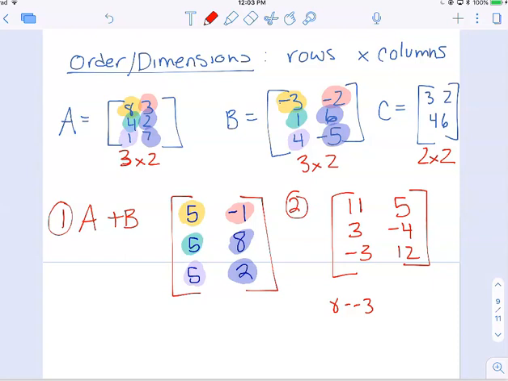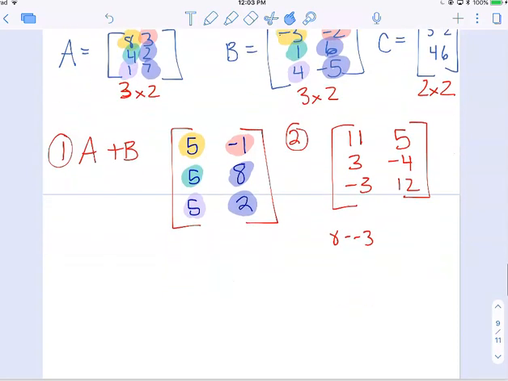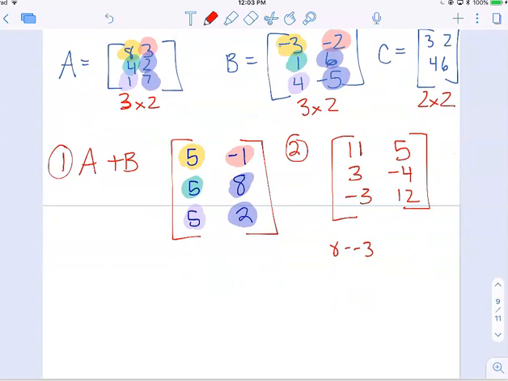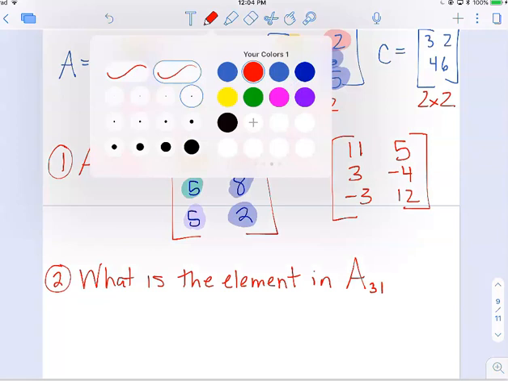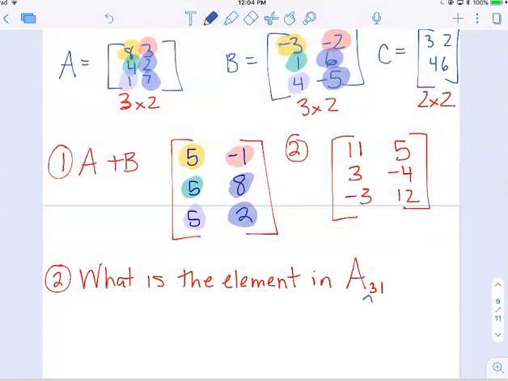Now, there's a couple things that I want you to talk about. If I would have asked, what is the element? And again, these are just vocab words. In matrix A, if I said A3,1, this tells us to refer to matrix A. This is telling us the row number. This is telling us the column number.